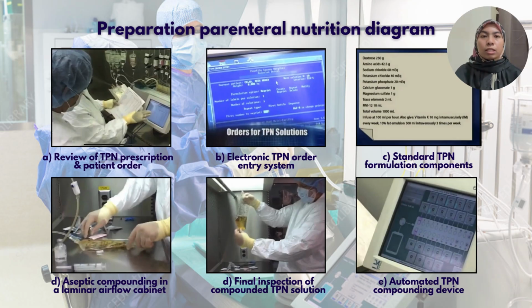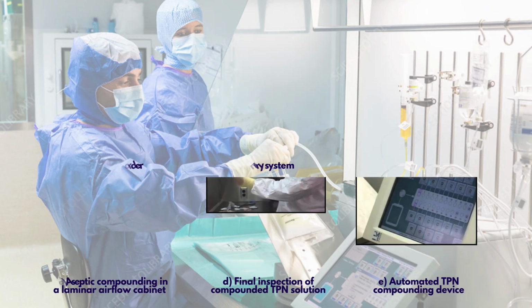The most important step is aseptic compounding, which is done inside a laminar airflow cabinet to prevent contamination. After compounding, the solution undergoes final inspection to check for particles, color changes, or leaks. Lastly, an automated TPN compounding device may be used to improve accuracy and safety.